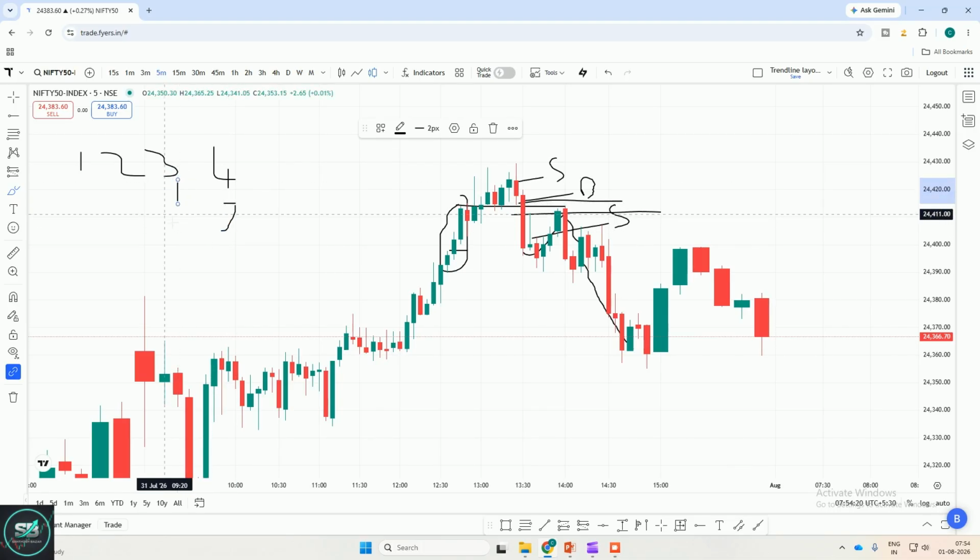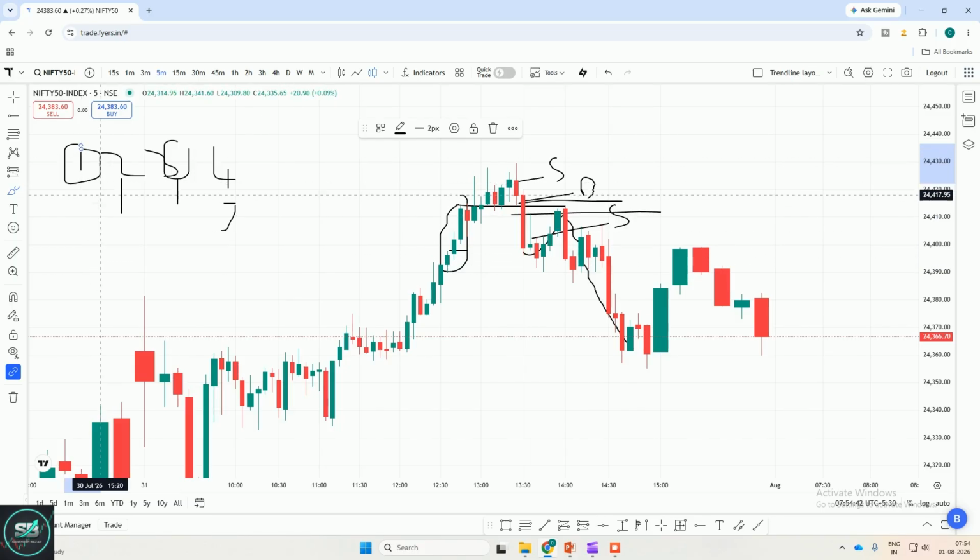Third one will form between the trend or in the sideways market. And second one will form near the consolidation breakouts or at the bottom of the trend. But first one, it will form near fake breakdown or fake breakout at the bottom of the trend or at the top of the trend.